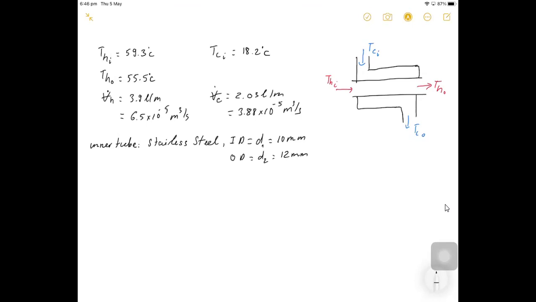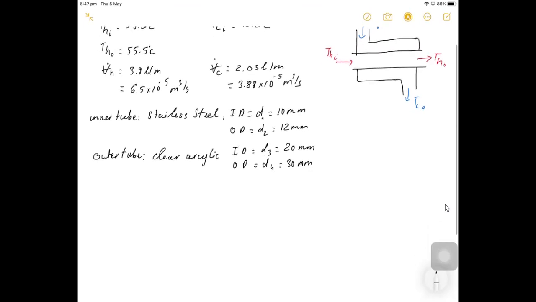And the outer tube is made of clear acrylic, with inside diameter D3 of 20 millimeters and outside diameter D4 of 30 millimeters. This is exactly the same as the heat exchanger in the heat exchanger lab.